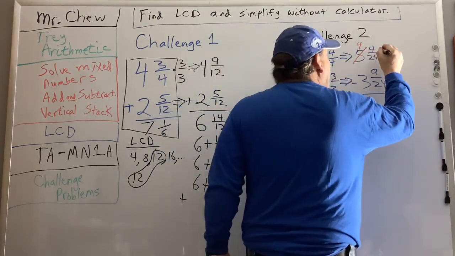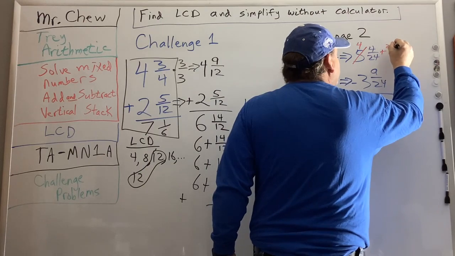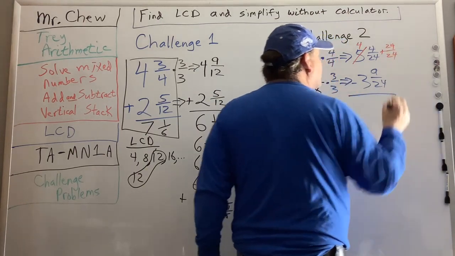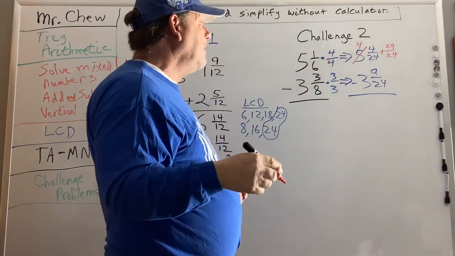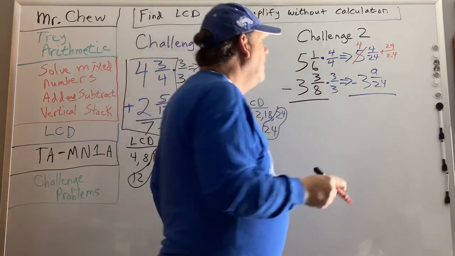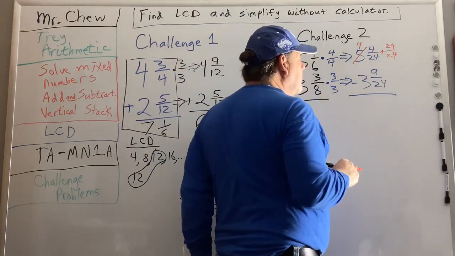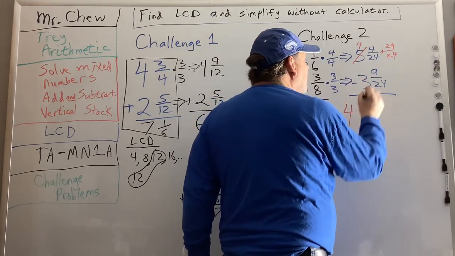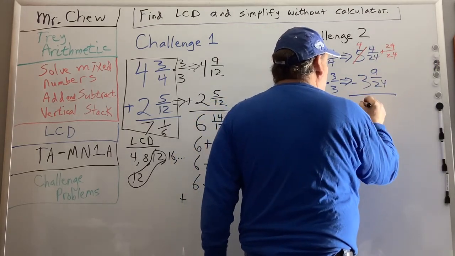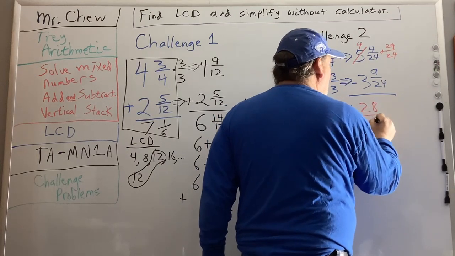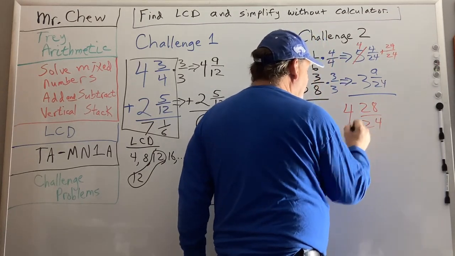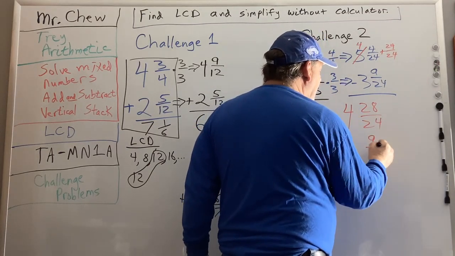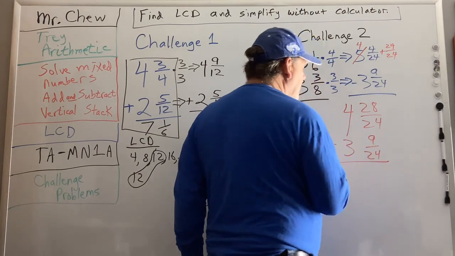And we're adding 1, which is 24 over 24, because it has to be a common denominator. Have to have the common denominators when you add them. So I'm going to rewrite this in red underneath here. So it's 4, and 4 plus 24 is 28 24ths minus 3 and 9 24ths.